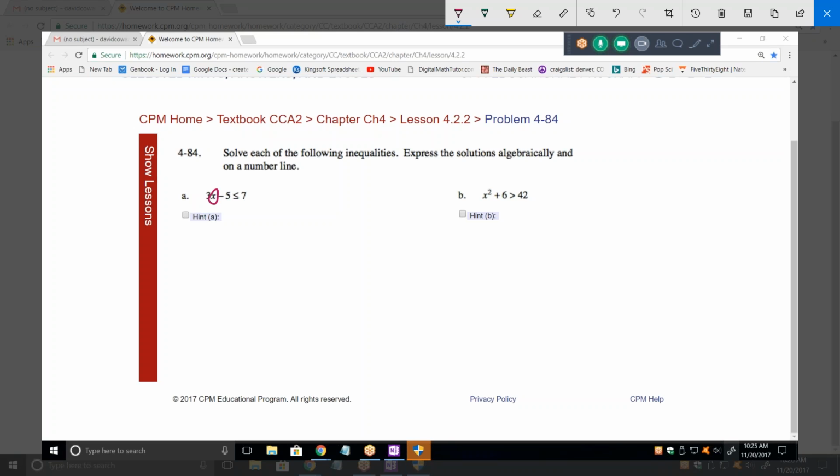So you got to get rid of everything that's attached to it, beginning with the stuff that is being added or subtracted, ending with the stuff that is being multiplied. That's the method for solving equations. So what do I got to get rid of first? The -5. Okay. Read the next line. So 3x is less than or equal to 12. Okay. And the next line.